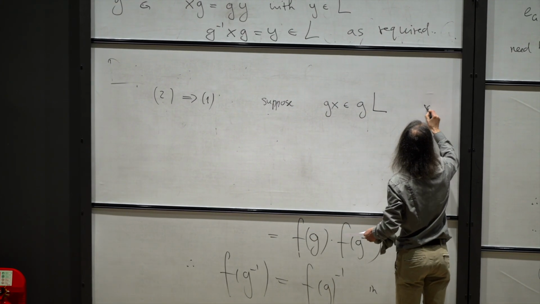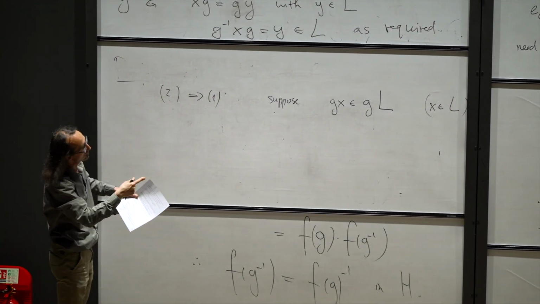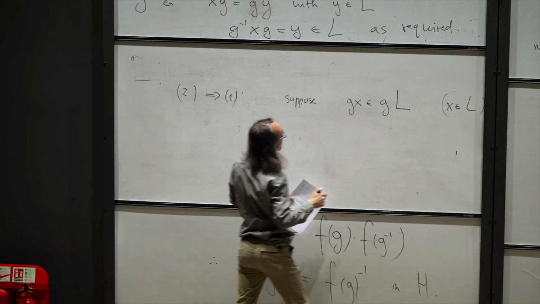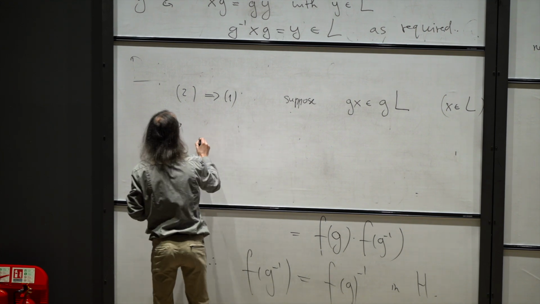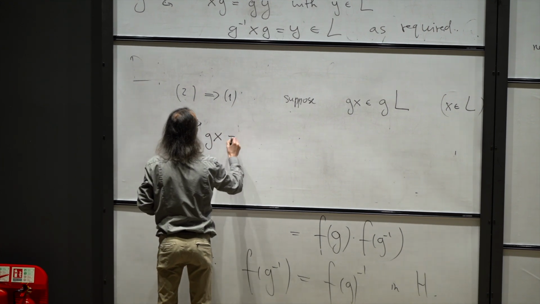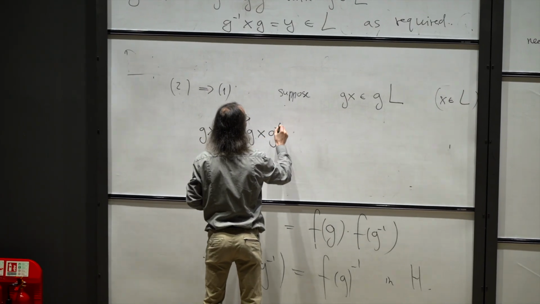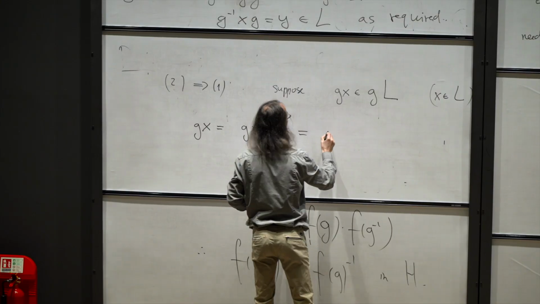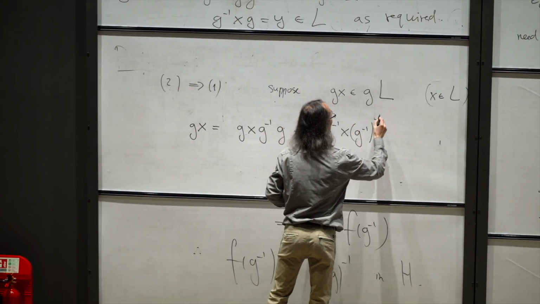So basically x is in L. And I want to show that it's an element of the other coset, Lg. Well, we can write gx as gxg inverse g, which in turn is (g x g inverse) g.